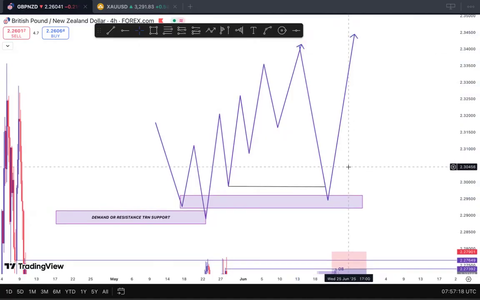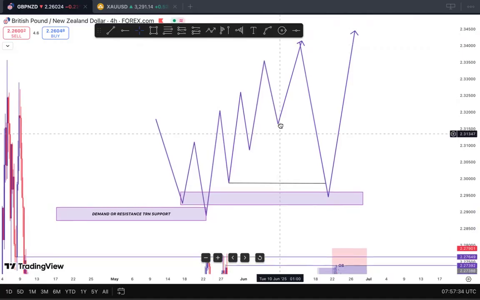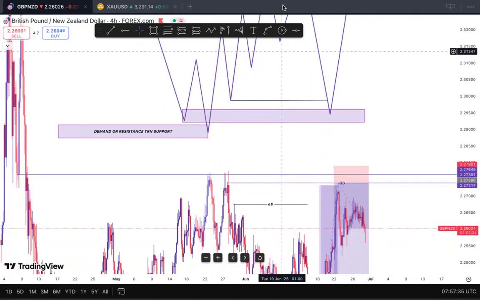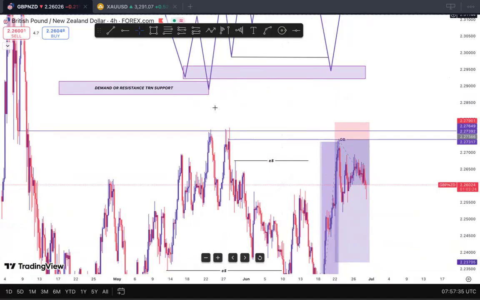Easy to comprehend, easy to understand. If you can spend time with your chart and keep back testing, you're going to find that it's very easy and simple. So let's dive straight to the live chart and see the GBP NZD trade that was taken.